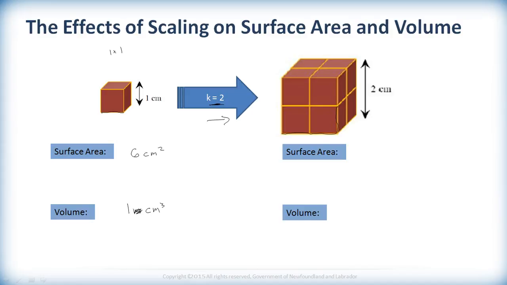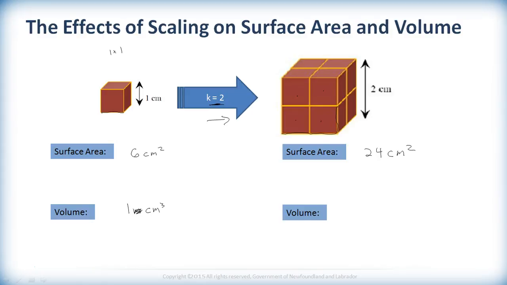Surface area. I've got 1, 2, 3, 4 one-square-centimeter bits to each face. So each face is 4 square centimeters, and there are 6 of them, so that makes 24 square centimeters for the surface area after it's been scaled up by a factor of 2. Let's look at the volume.